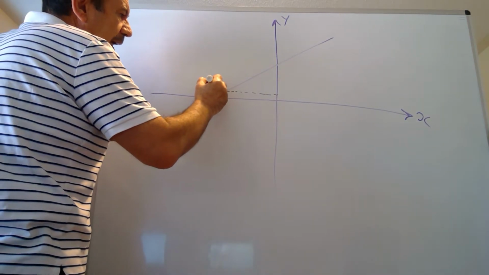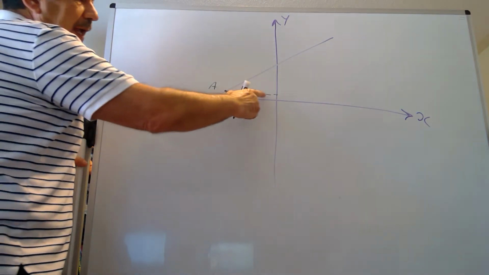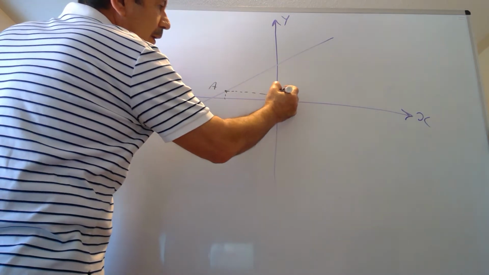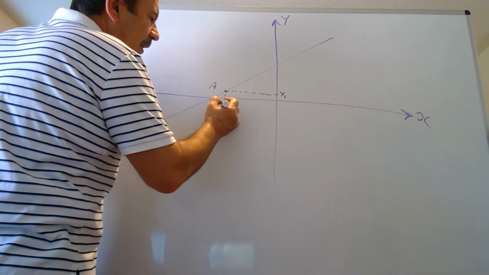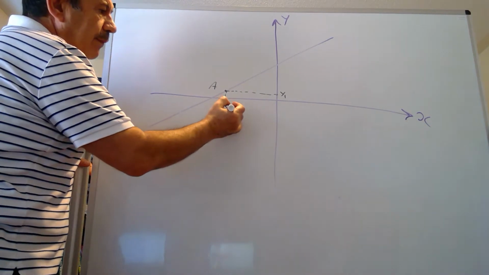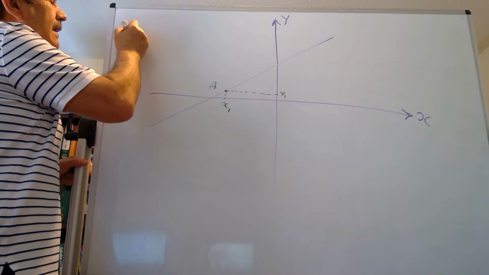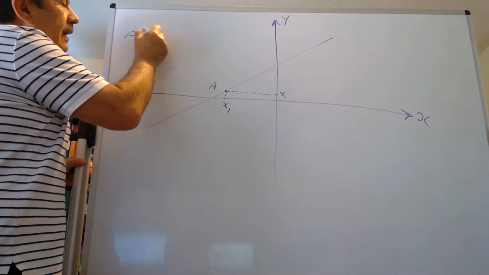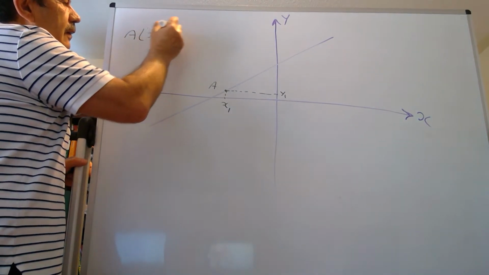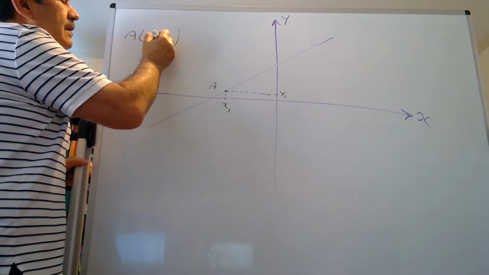Let's say it's point A. If I name this x1 and this y1, the coordinates of this point are (x1, y1).